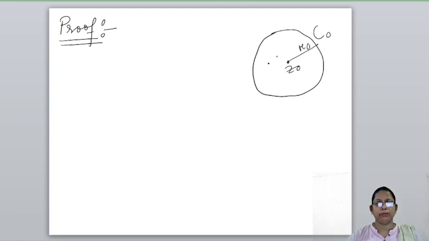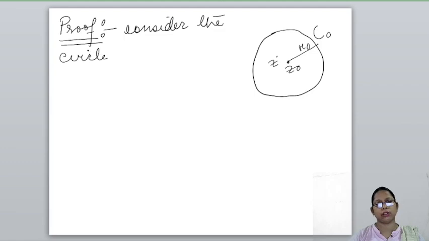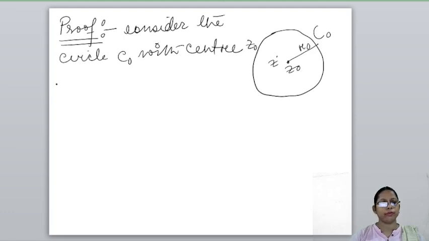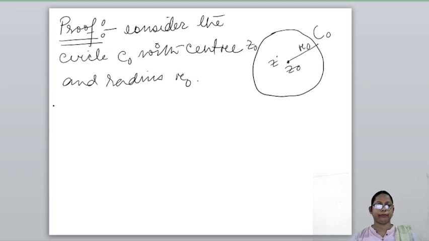Z is any point inside the circle. So consider the circle C naught with center z naught and radius R naught.